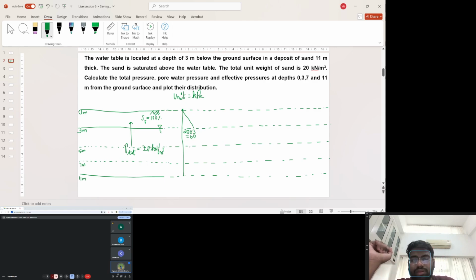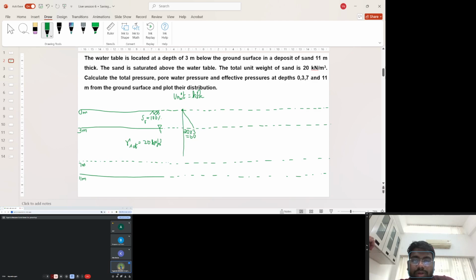At 5 meter, it will be 20 into 5. Okay, they didn't ask about 5 meter, only 3 and 7, so you can remove that line. So gamma sat is 20 kilonewton per meter cube.